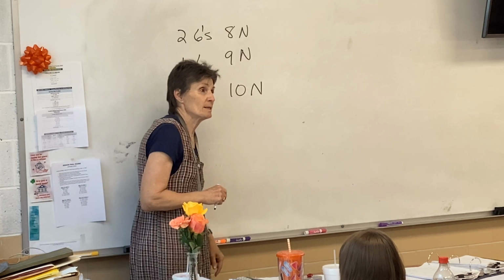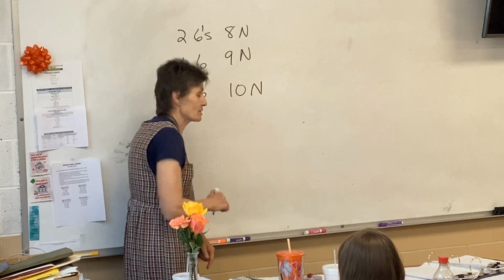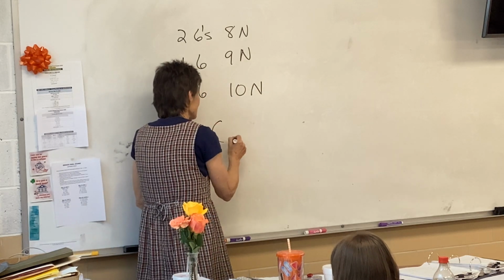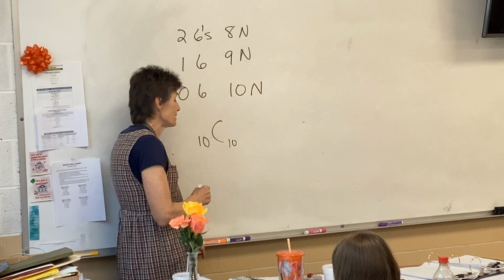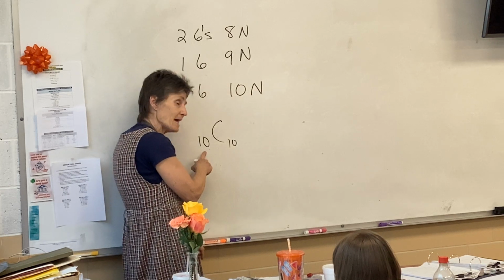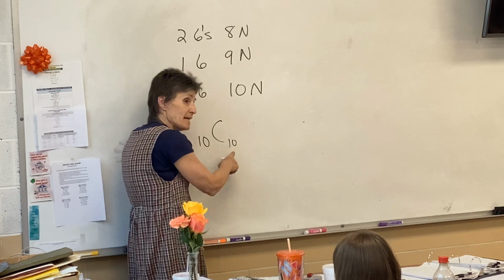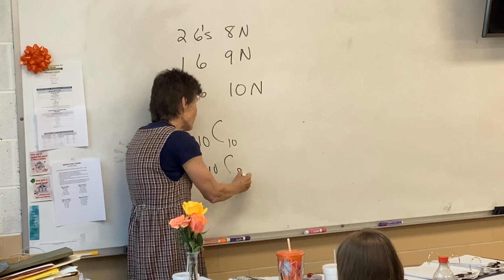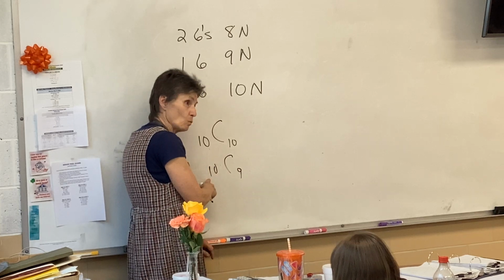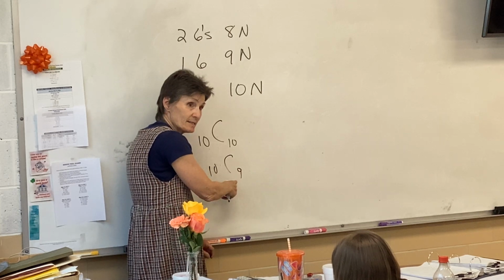How many times am I rolling the die? 10 times. So remember, 10C10 represents the number of ways that you can roll it 10 times and get 10 6s. 10C9 represents 10 rolls, 9 6s.